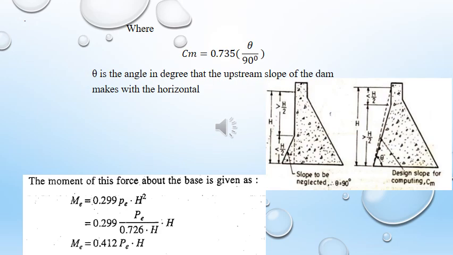Now put the value of small p in terms of capital PE, the hydrodynamic pressure force, and it comes out as 0.412 capital PE into H. This is the moment about the base.